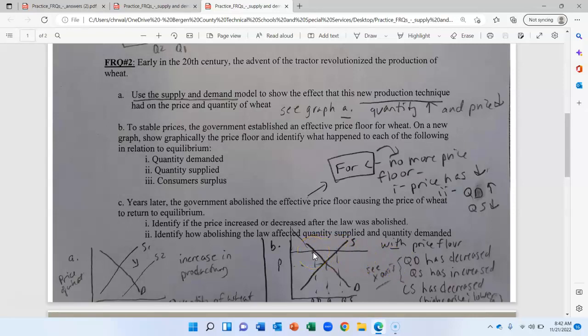What's happened to consumer surplus as a result of this price floor? Consumer surplus has decreased. Before, at the lower price, it used to be this entire triangle here. This was all consumer surplus. Now, because of the higher price, there are consumers that are going to A, pay a higher price, but also B, fewer consumers in the market are going to be served, right?